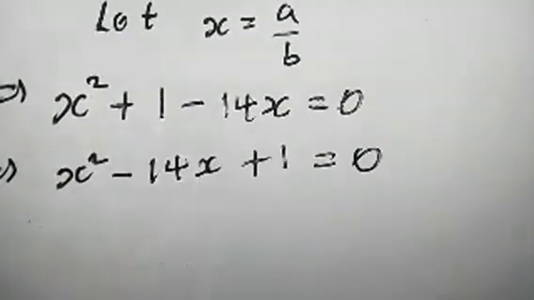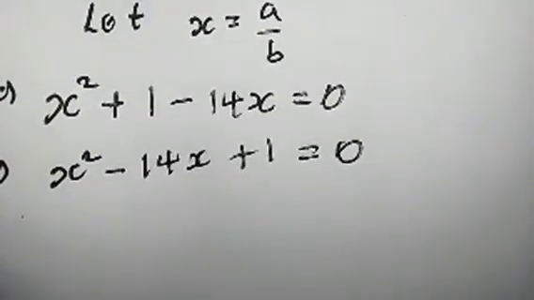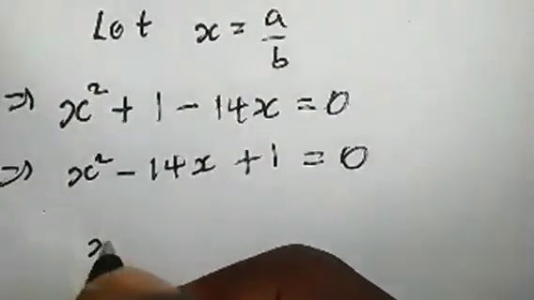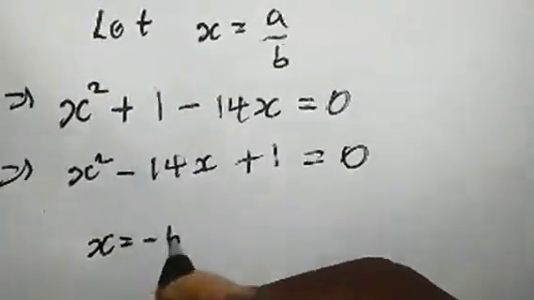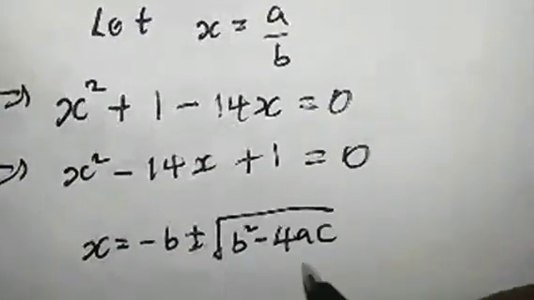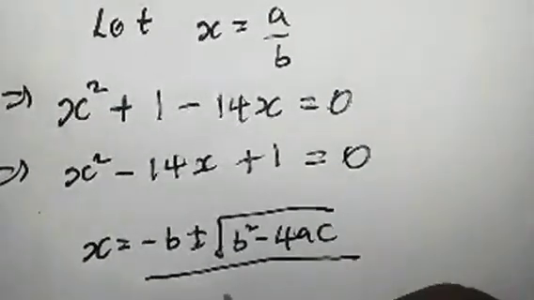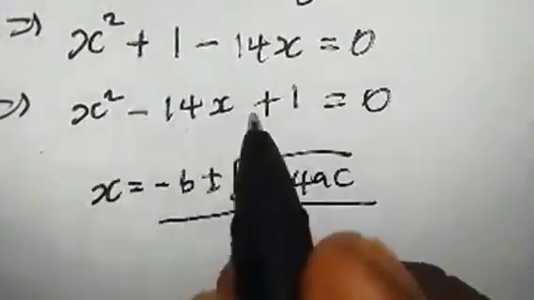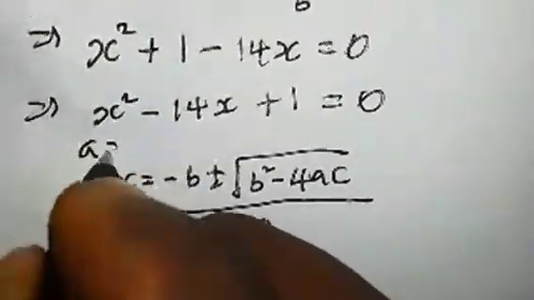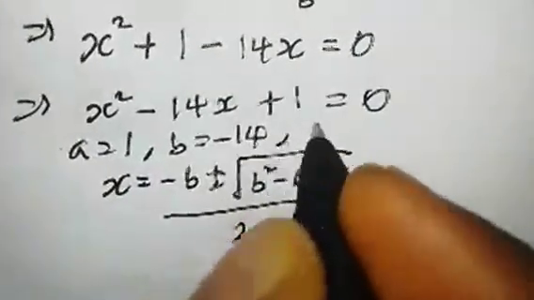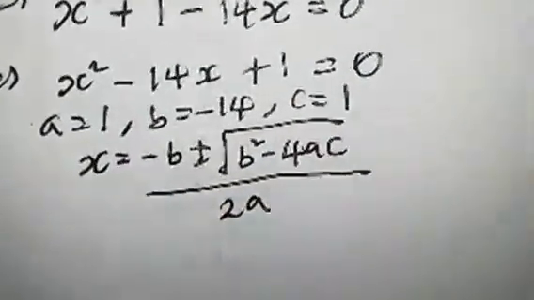This is a quadratic equation. So let us solve it using quadratic formula. So recall the quadratic formula: x equal to minus b plus or minus square root of b square minus 4ac all divided by 2 times a. From this equation, a is equal to 1, b is minus 14, c is equal to 1.